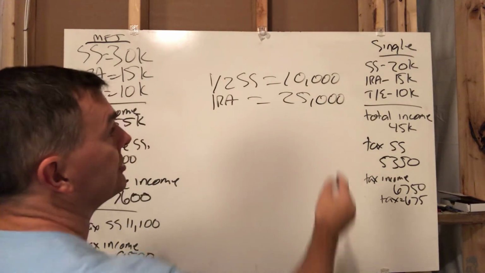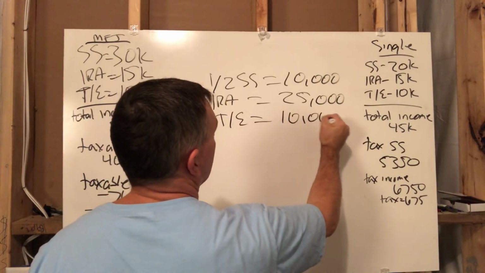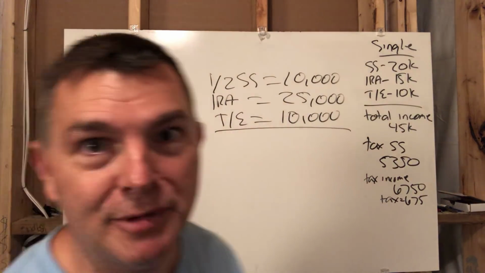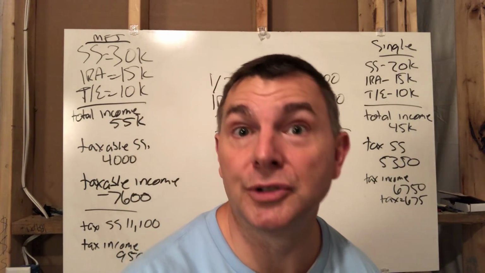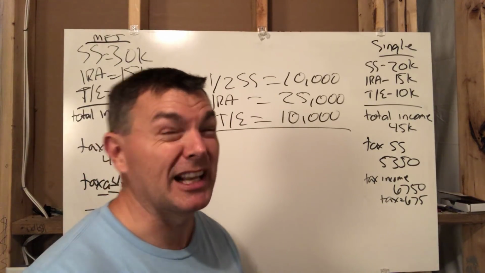She has her tax-exempt interest. Now, I'll spare you my tax-exempt interest joke, that tax-exempt interest isn't subject to income tax. I'm not going to spare you. I tricked you. Yes, it is counted when it comes to Social Security taxes. It's not subject to income tax, so just keep that in mind.